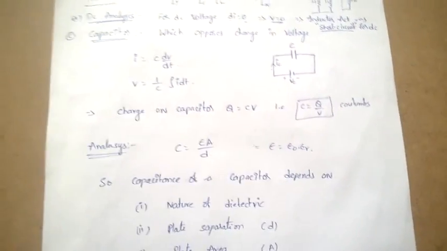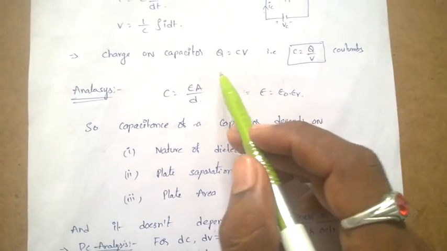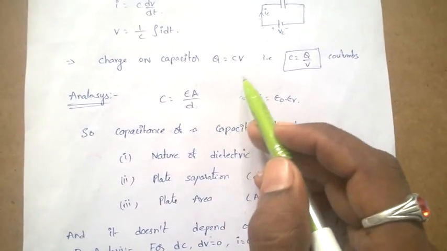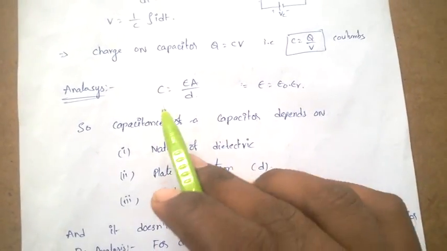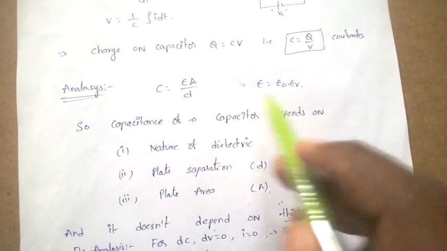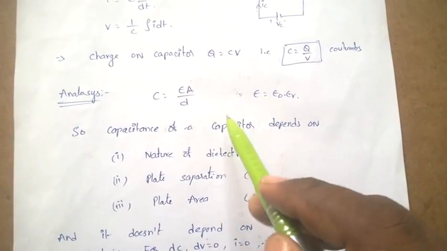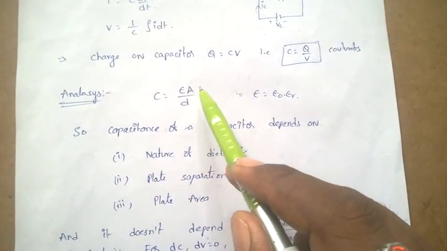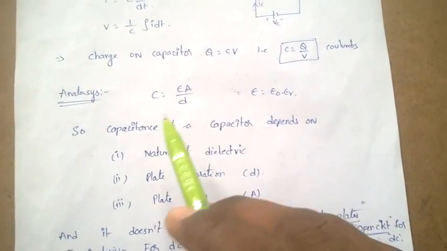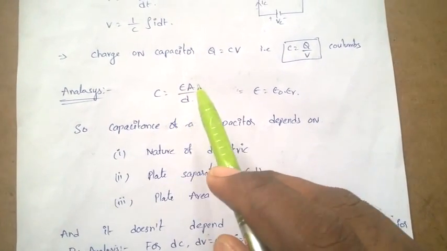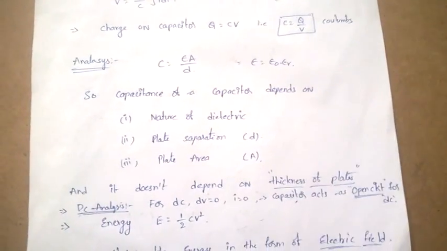Coming to the analysis of the capacitor, C = epsilon A / d. That means the capacitance depends on the nature of the material, epsilon, the plate separation d, and the plate area A. So it depends upon area, plate separation, and nature of the dielectric.